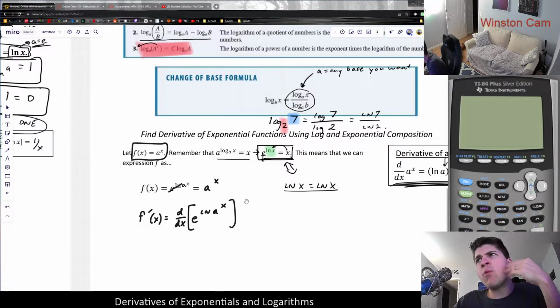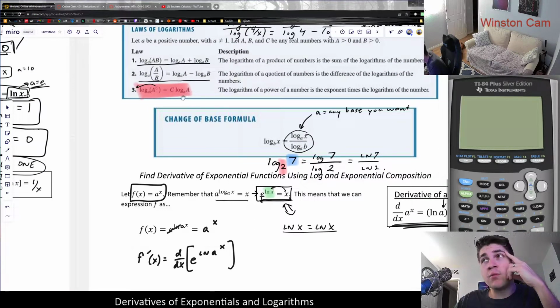And if you're wondering, how the heck would I find this derivative? Well, first of all, we could use log law number 3, which says that if we have an exponent within a logarithm, that's always equal to that exponent multiplied by the logarithm. And notice that what I have going on here in the exponent is ln of a raised to the x power. I could drop this x in front.